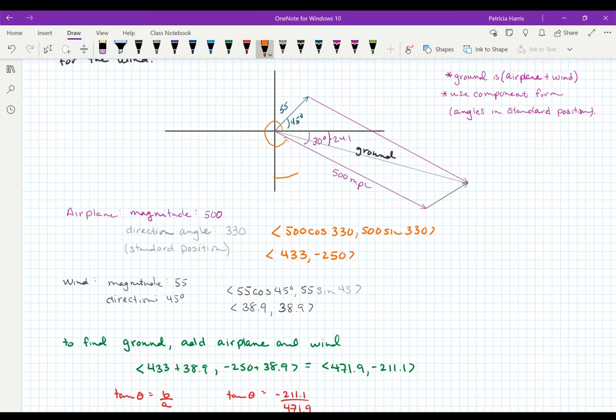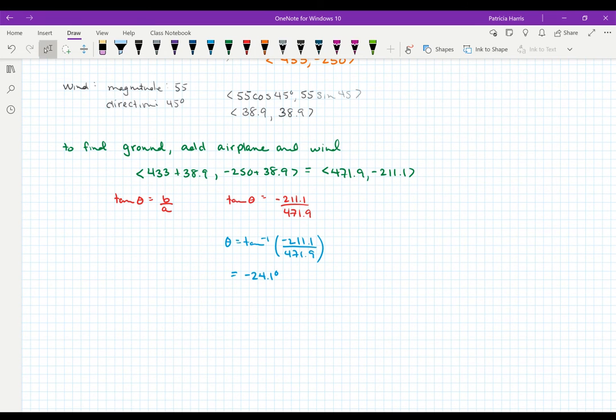So how am I going to do that? Well, you're going to subtract from 90. You're in the fourth quadrant, you have the negative 24, so you combine it with the 90 to figure out what this is. So you go 90 minus 24.1.